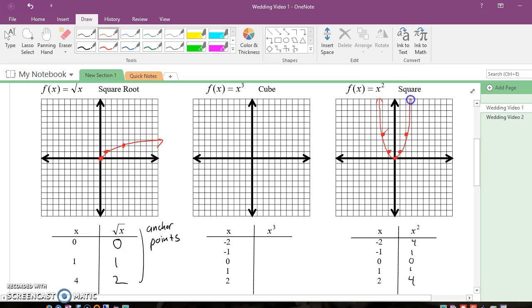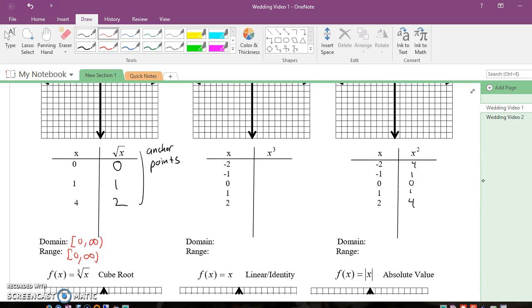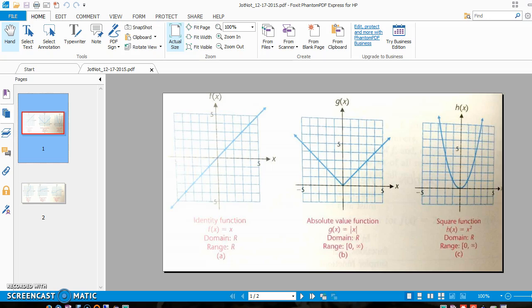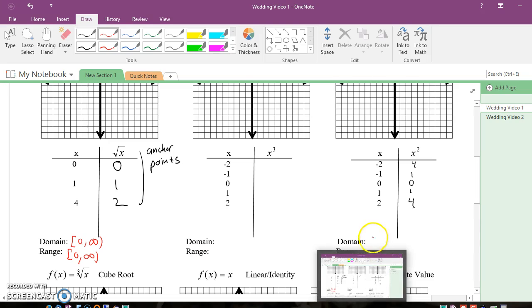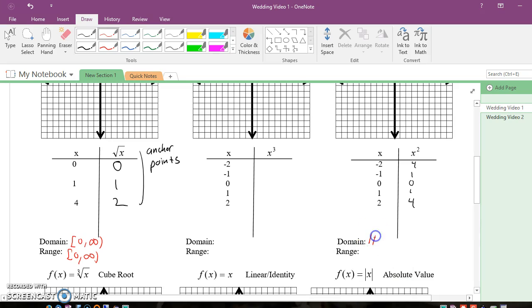So the graph looks like that. Okay, these are the anchor points. The domain, if we look at the book, it is all reals. So domain is all reals, and the range is 0 to infinity. Okay. So that's 2 of these.